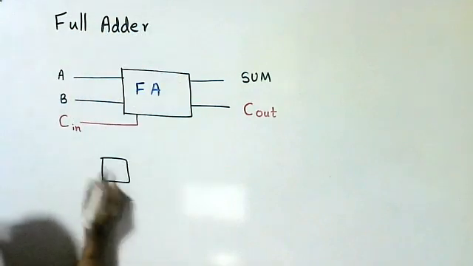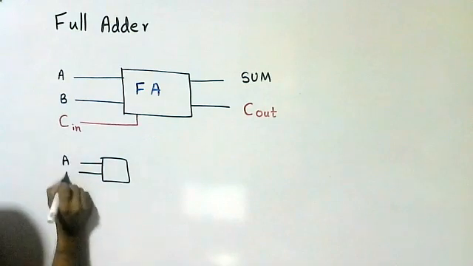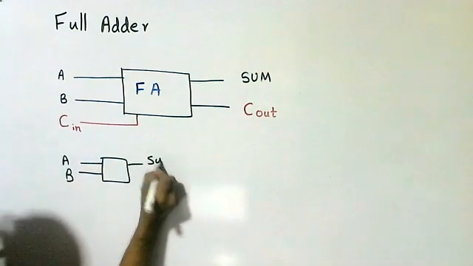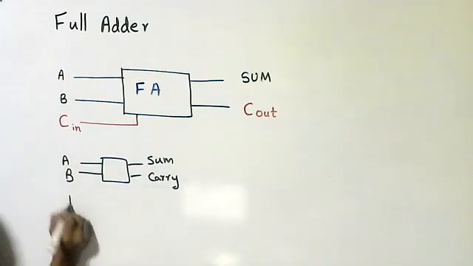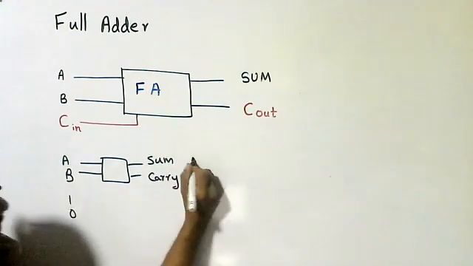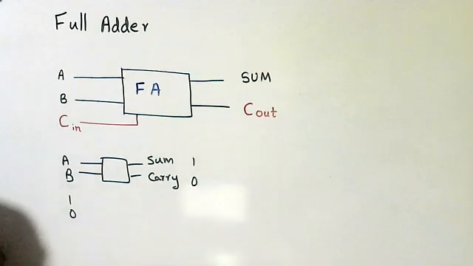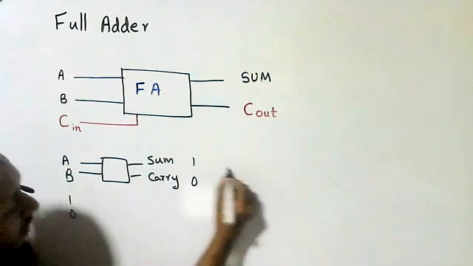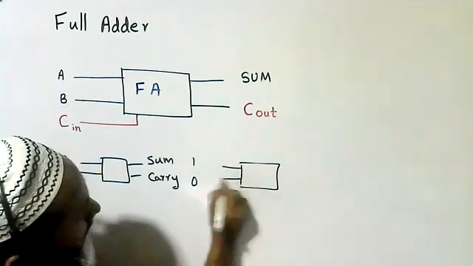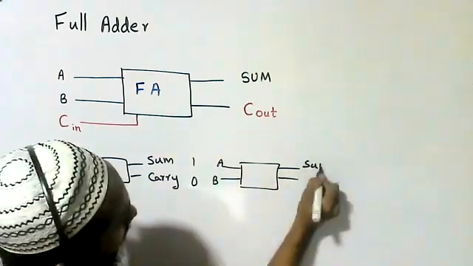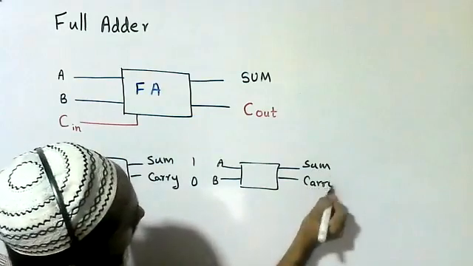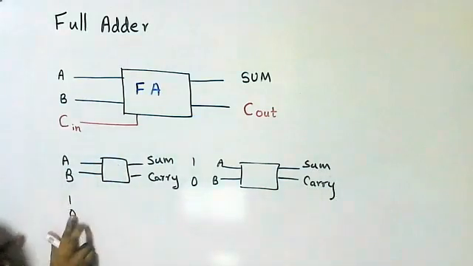Earlier, if you consider the half adder, A, B, sum, carry is there, students. If we give 1 0, so sum equals 1, carry equals 0. If we want to add another one, we'll take another half adder, A, B, sum, carry. So it is not possible to add.